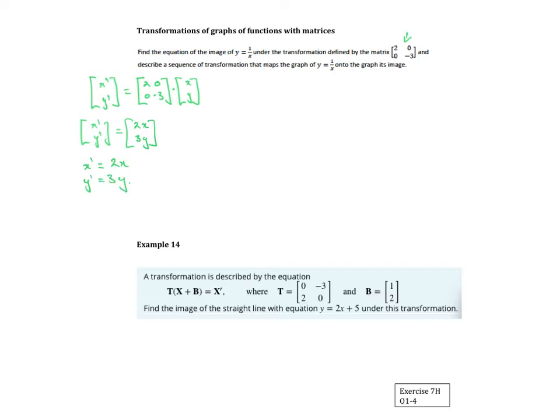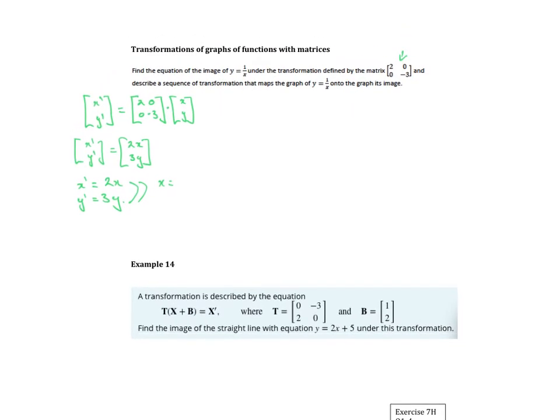Hopefully that looks familiar to us. That's very similar to what we were doing in terms of our transformations. So if I rearrange this, I know that the x value is equal to x dashed on 2, the y value is equal to y dashed on 3.